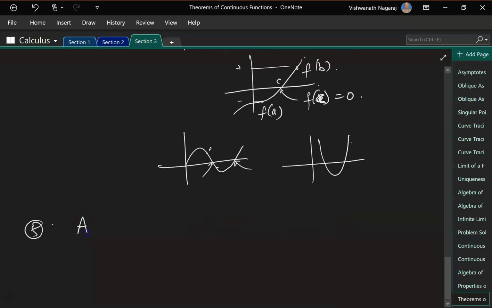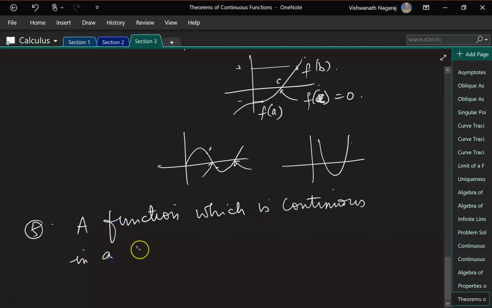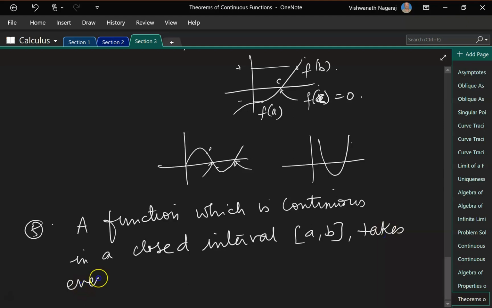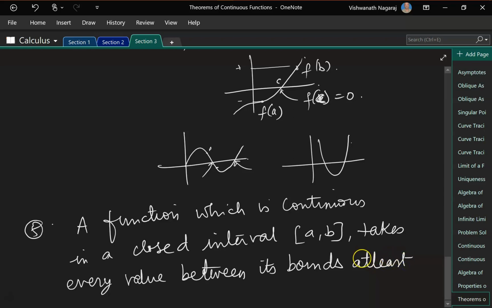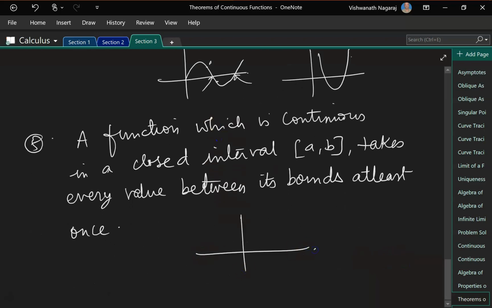Okay, next one, a function which is continuous in a closed interval [a, b] takes every value between its bounds at least once. What this means is that, something like this you have.